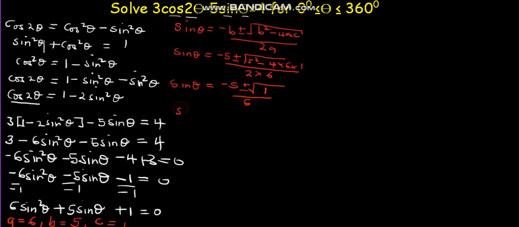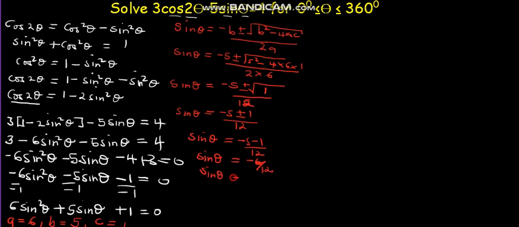So we shall have sine theta as negative 5 plus or minus 1 out of 12. Is that okay? Yeah. So sine theta either will be equal to negative 5 minus 1 out of 12, and sine theta will be equal to negative 6 out of 12. So sine theta will be equal to negative a half.